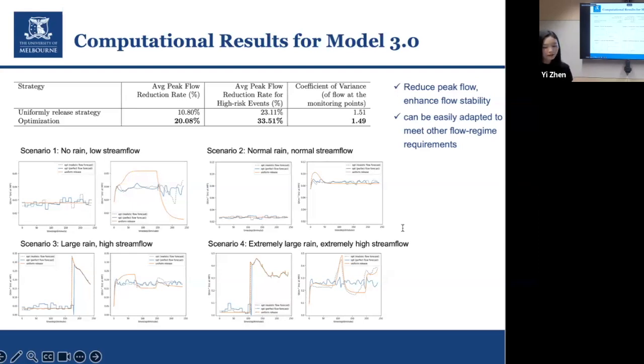And this result demonstrates the effectiveness of our strategy in managing water releases to enhance the flow stability and reduce peak flow. And in our case, we focus on keeping the flow stable, but we can easily tweak the objective function to meet other flow regime requirements as well.